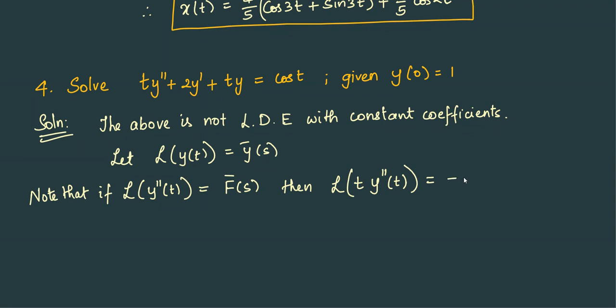Minus 1 to the power n, that is 1, d by ds of the Laplace transform. Okay. So this is what is important. So let us do this now.